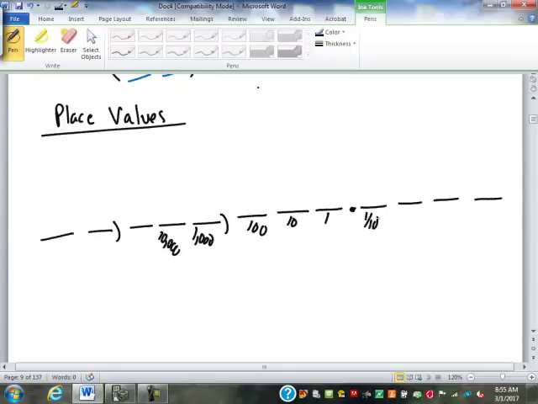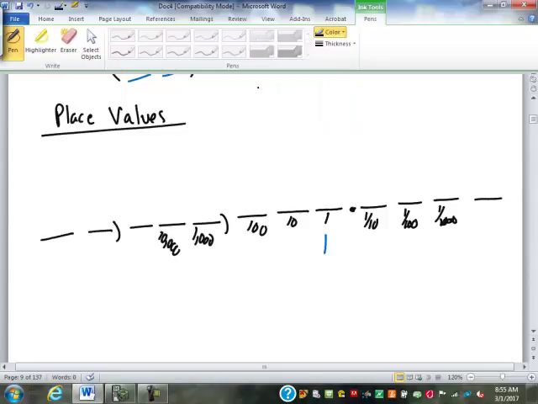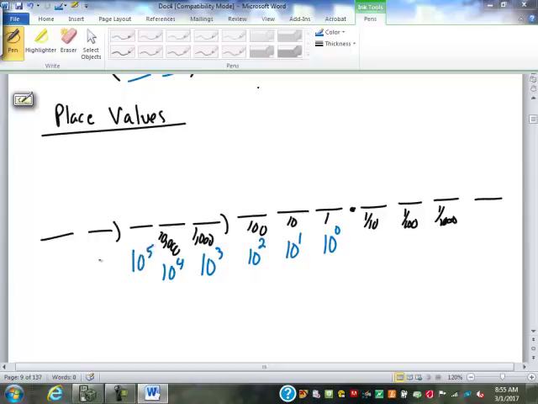This is the 1/10ths, the 100ths, 1/1000ths, and so on. As we look at those, with what we just did, you start to realize this is just 10 to the 0, 10 to the 1, 10 squared, 10 to the third, 10 to the fourth, 10 to the fifth, 10 to the sixth, 10 to the seventh. This is just 10 to the negative 1, 10 to the negative 2, 10 to the negative 3, 10 to the negative 4, and so on.